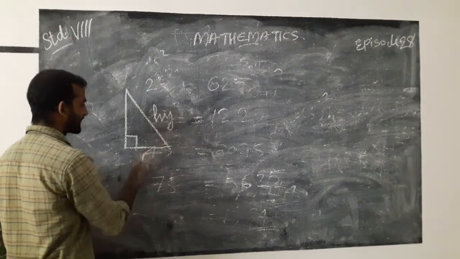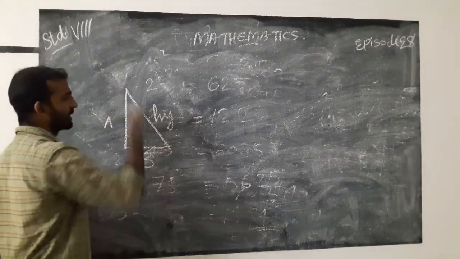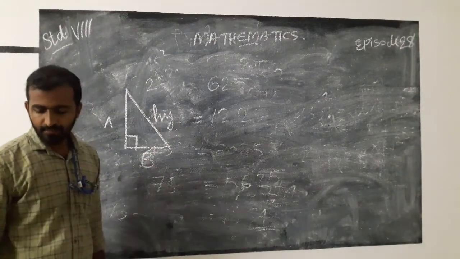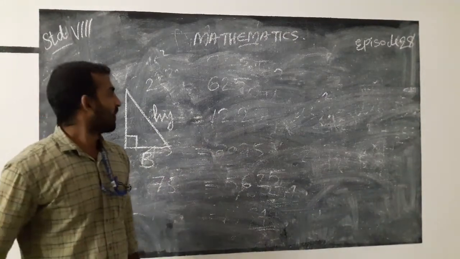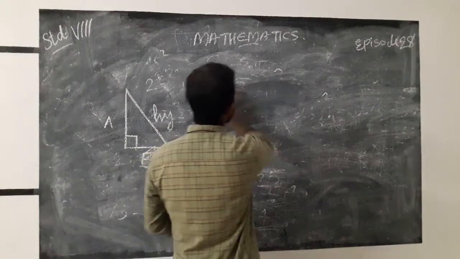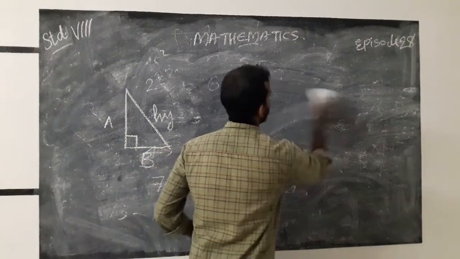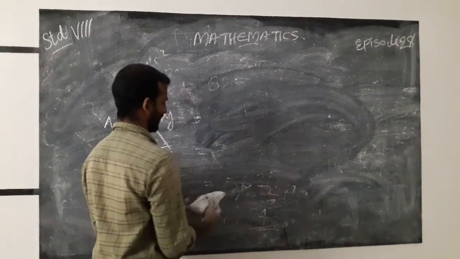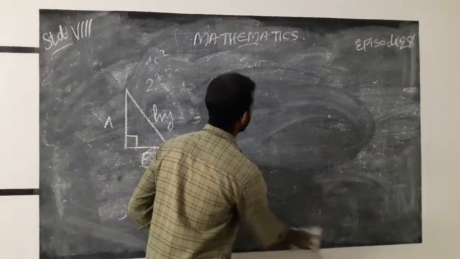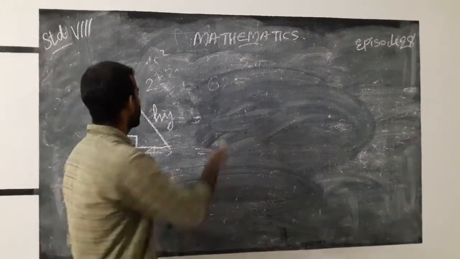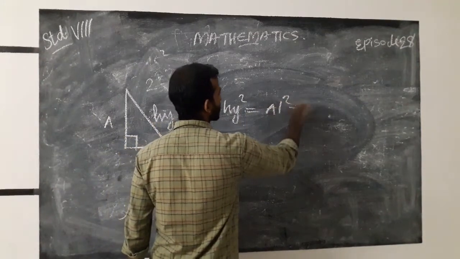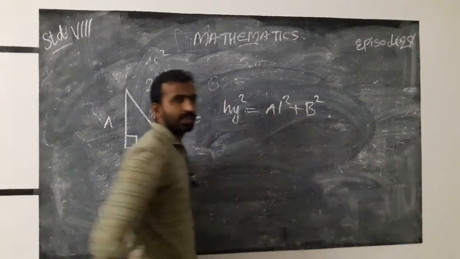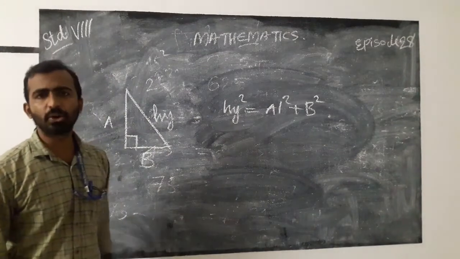This is the base and this is the altitude. By the Pythagorean theorem, we can say that hypotenuse square equals base square plus altitude square. Is it right? That is, hypotenuse square equals altitude square plus base square. This is our Pythagorean theorem.